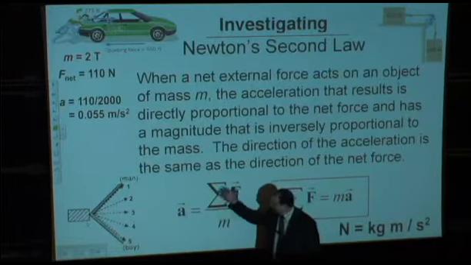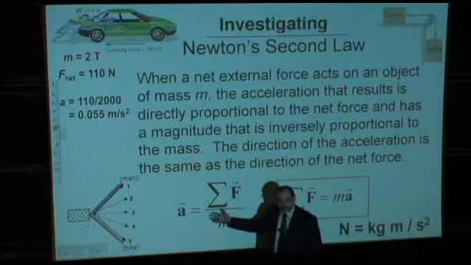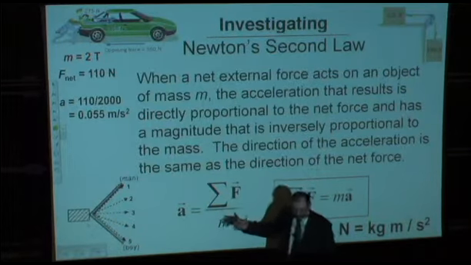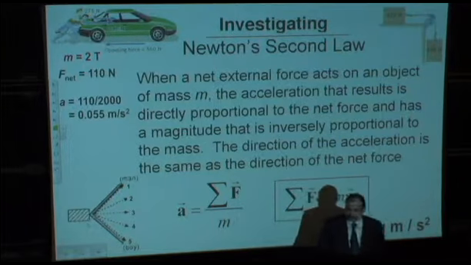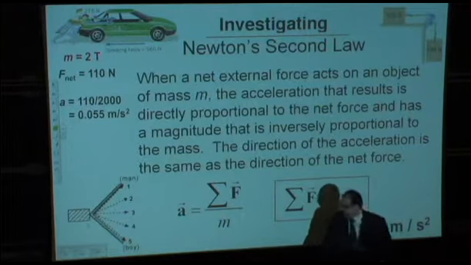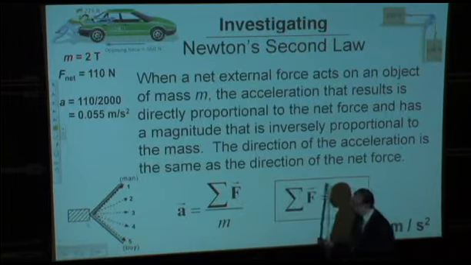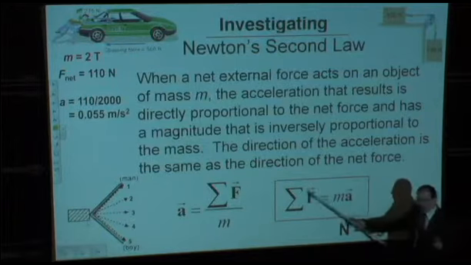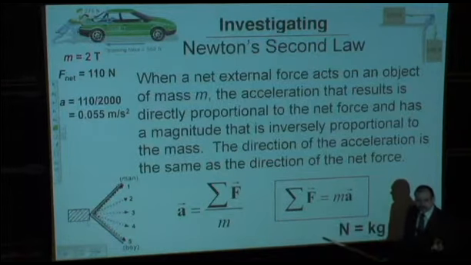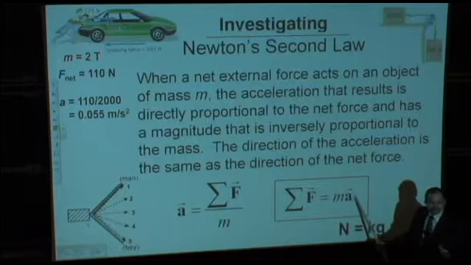The net force results in the acceleration, and the mass tries to decrease the effect of the net force. But of course, we don't like laws with fractions. We just multiply by m, and this is how we usually state Newton's second law. The net force acting on an object is equal to the product of its mass and acceleration.